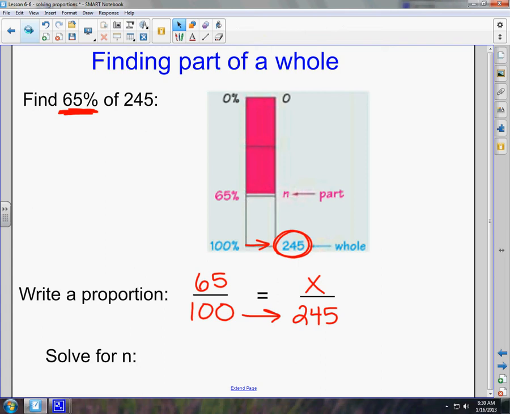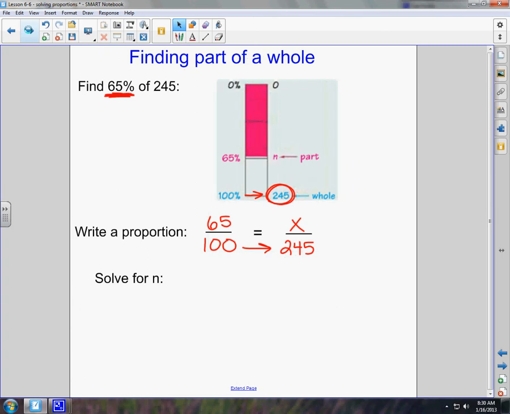Now you're going to solve for this by cross multiplying. 100 times X is 100X, and then 245 times 65.